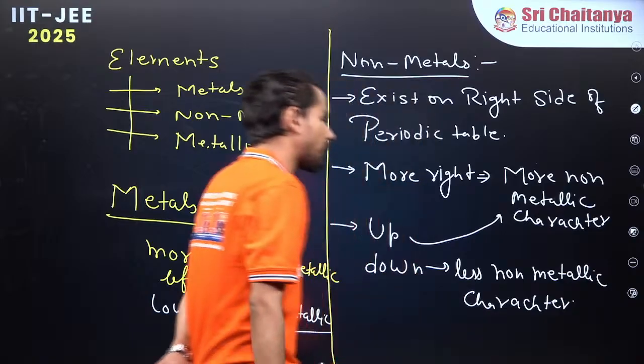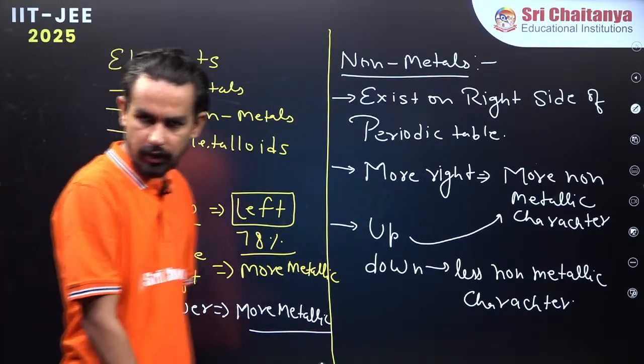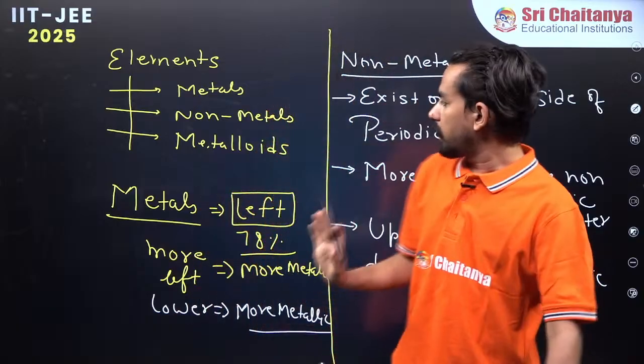So this is all about metals, non-metals and their existence in the periodic table. We get to know where they exist.